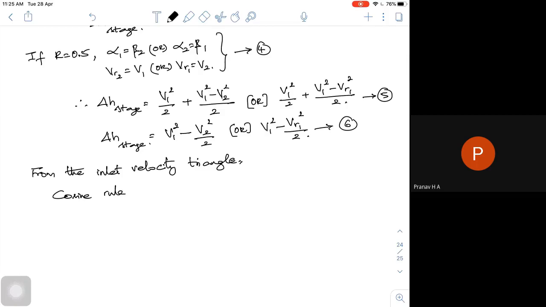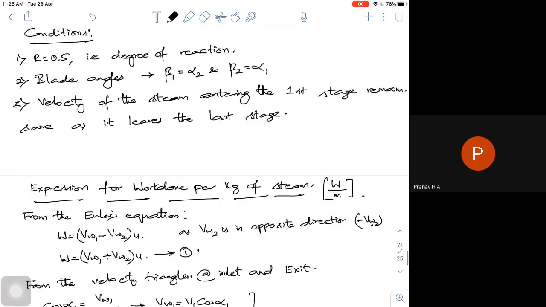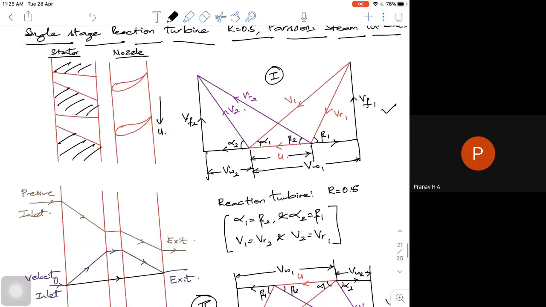Look at this velocity triangle: I can write VR1 square is equal to V1 square plus U1 square minus 2 V1 U cos alpha 1. So I'm writing in terms of my VR1. That is my cosine rule.